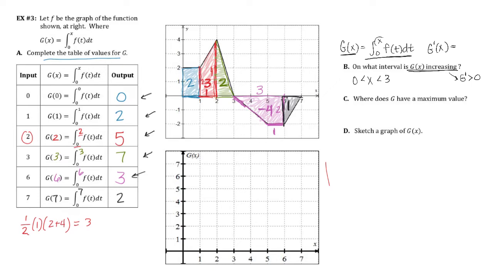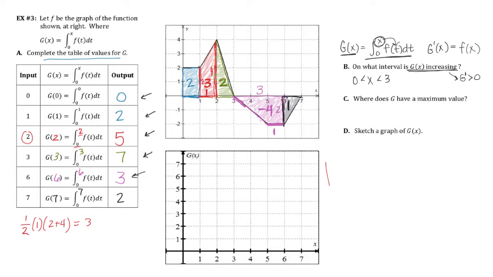And really, what's going to happen is that G prime is going to become f at x every time. And then now let's keep in mind that f at x, well, that's really just the function that we're given. F is the function over here. So let's see if that makes any sense.